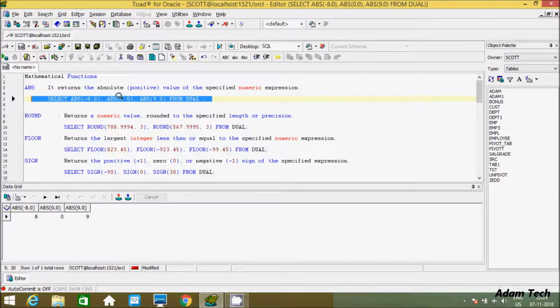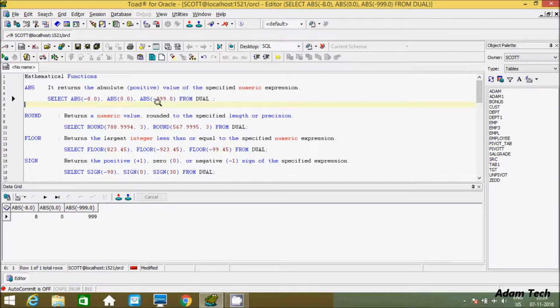Whenever you enter a negative value, ABS will convert it into a positive. I enter minus 999, and the output I am getting is 999. So this is ABS function.